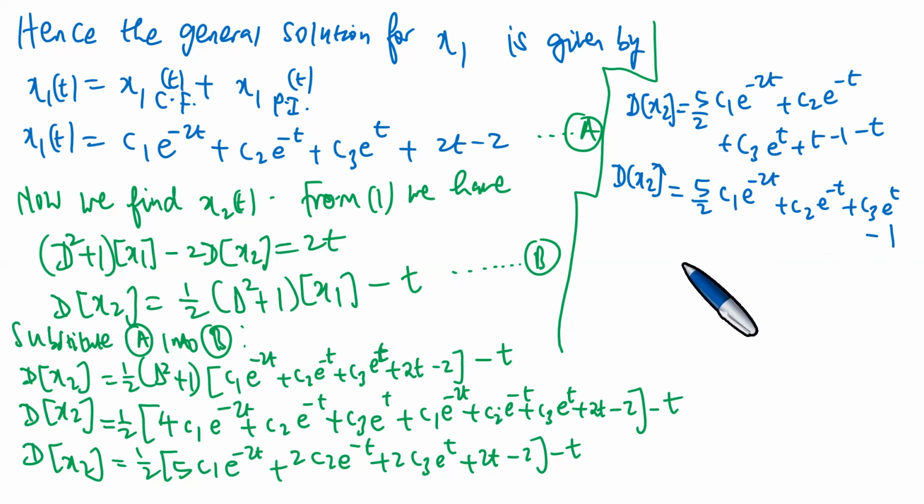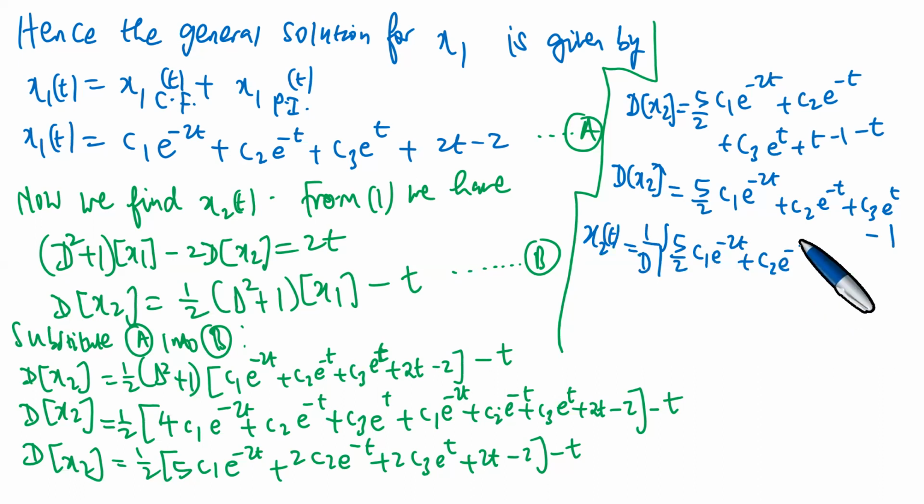Now we are just learning also the d operator method and how it works. But obviously at this point, now we just need to make x2 the subject. So to make x2 the subject, we sort of multiply by the inverse operator, which means that we shall have x2 as a function of t, 1 over d, of 5 over 2 c1 e to the minus 2t, c2 e to the minus t, c3 e to the t minus 1.